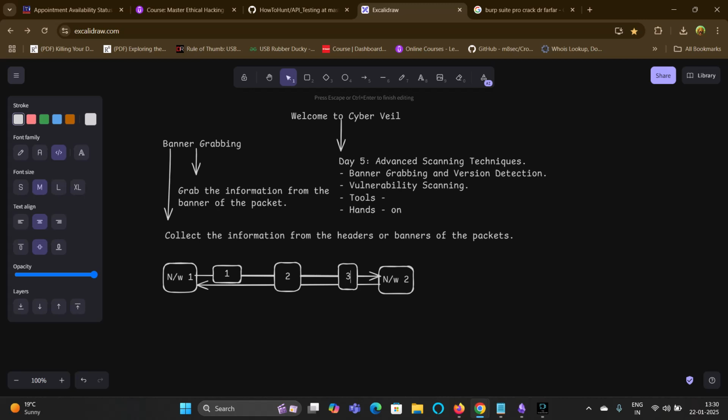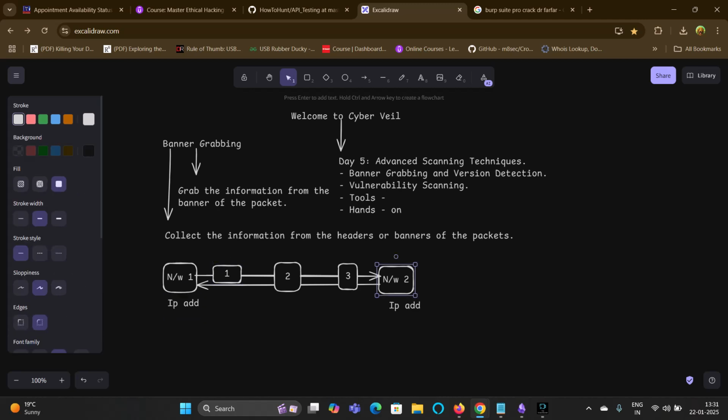So these packets have headers in them, which say what data the packet is carrying, which IP address it is coming from, or which IP address it is going to. Let's say this network has some kind of IP address, and this network also has some kind of IP address, right? This IP address is written here, and to send the packet to this particular network, it will also have the IP address of this network.